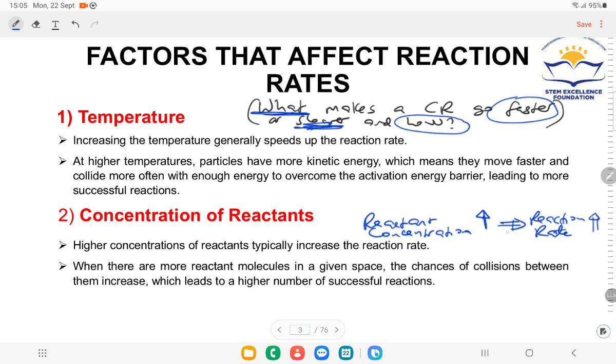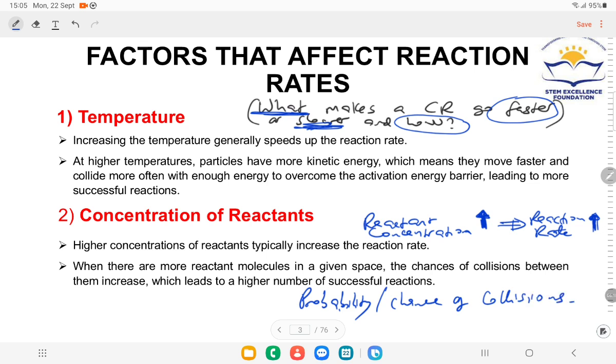Okay, so the higher the reactant concentration, the higher the rate of the chemical reaction in general. And that's the general rule, as I said. And the key thing here is the probability or chance of collisions.